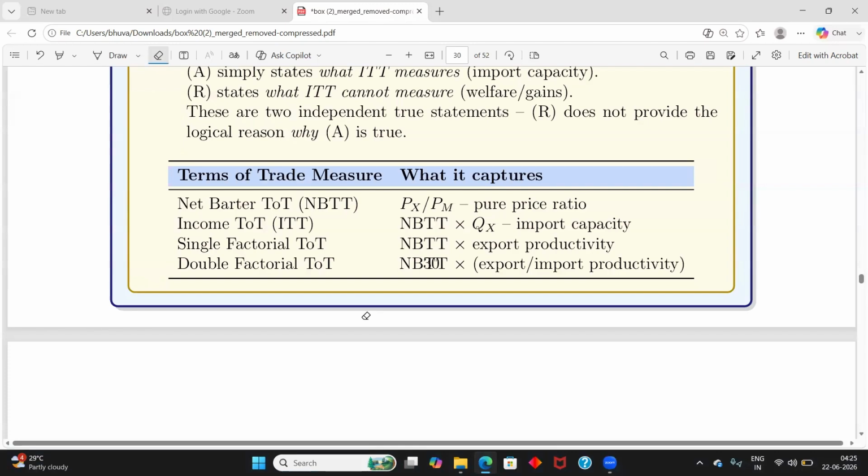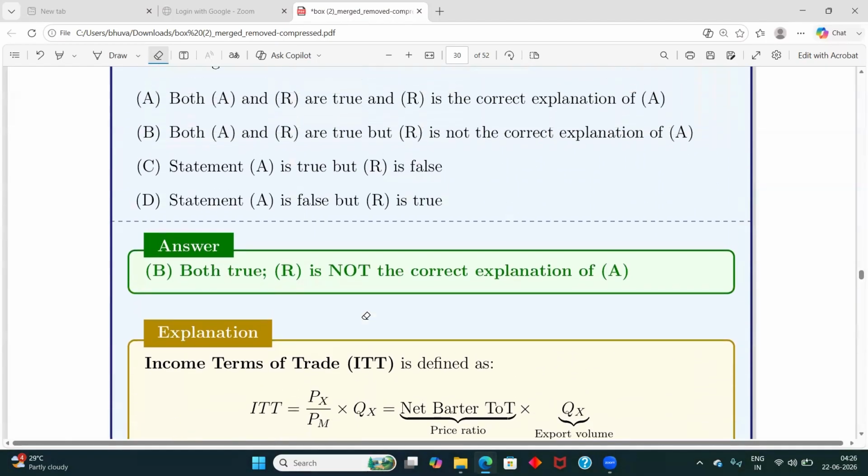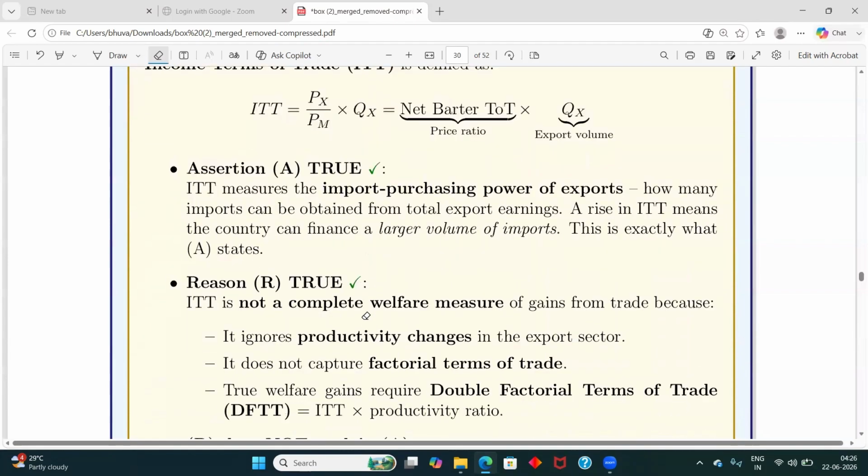Single factoral terms of trade captures net barter terms of trade times export productivity. Double factoral terms of trade is equal to net barter terms of trade times export productivity over import productivity. So the correct option is B: both statements are true, but not the correct explanation of the assertion.